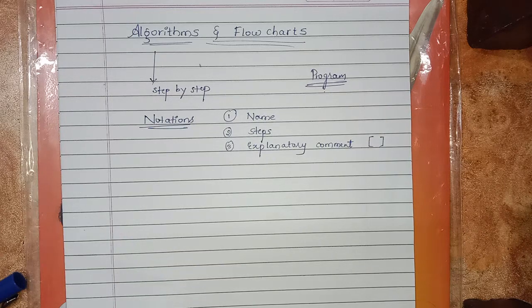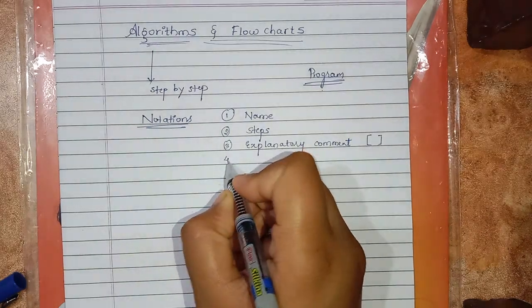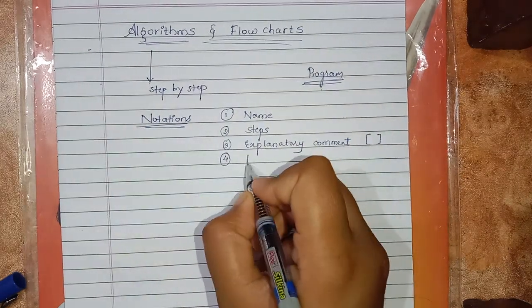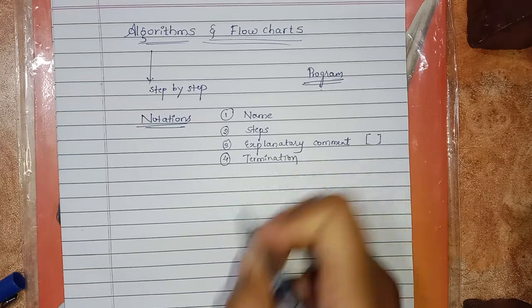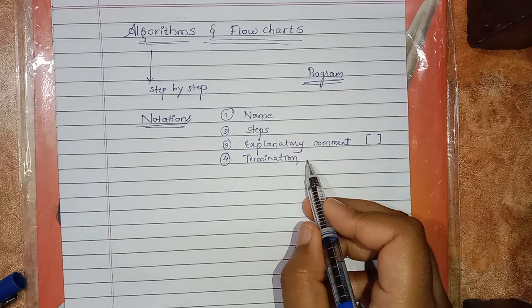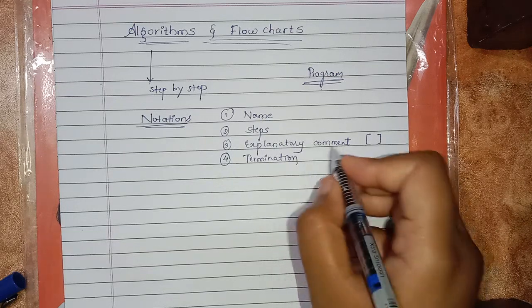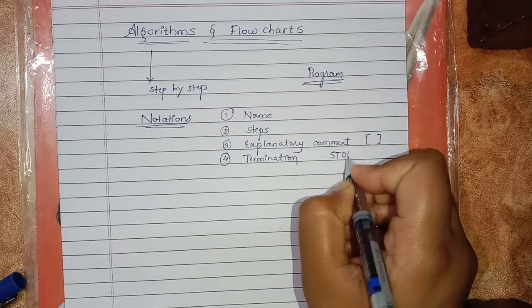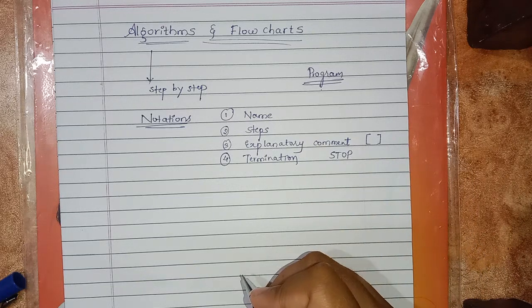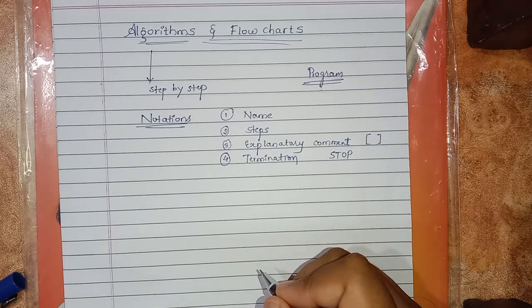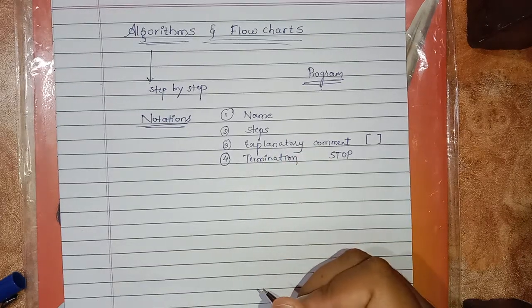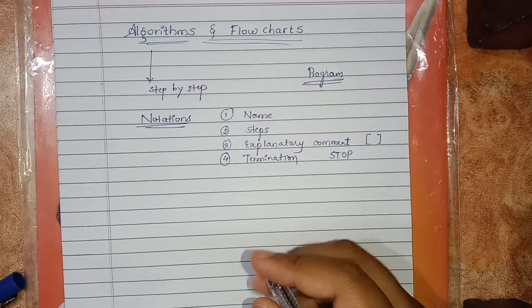Then at the last we have termination. Means what? We have to stop the program, no? So it is just end of the algorithm. Generally we write a stop statement as the last instruction in the algorithm. Understood?